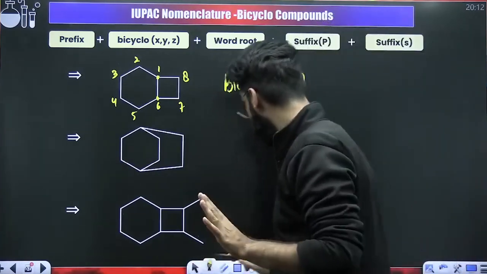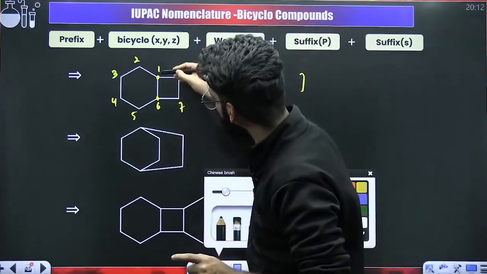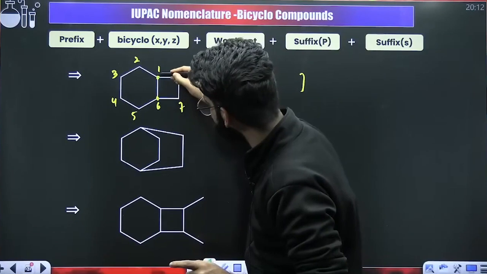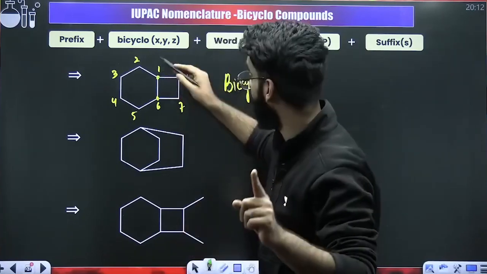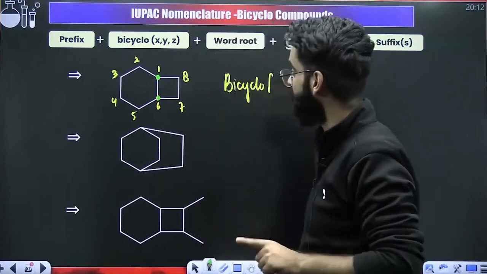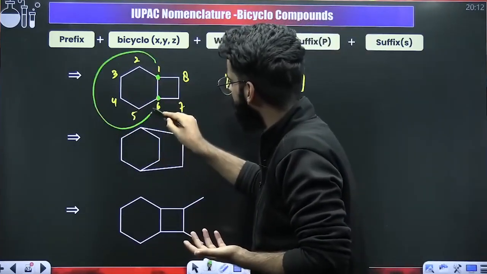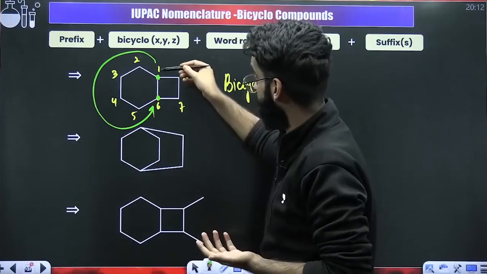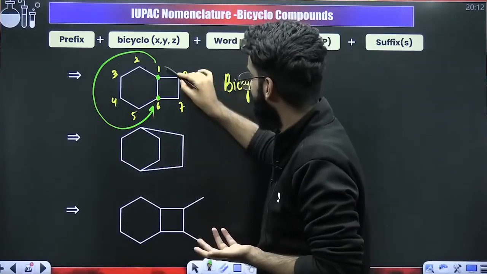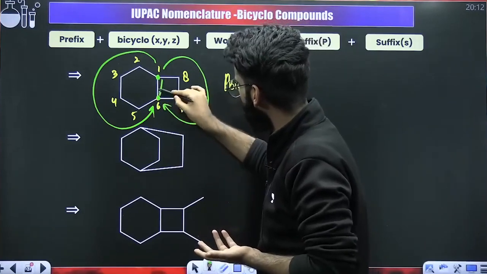Now, in order to move from carbon number 1 to carbon number 6, from this bridgehead carbon to this bridgehead carbon, how many paths are available to me? I can choose this path, or this particular path, or I'll directly come from 1 to 6.